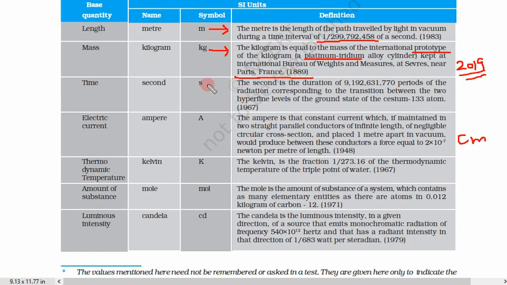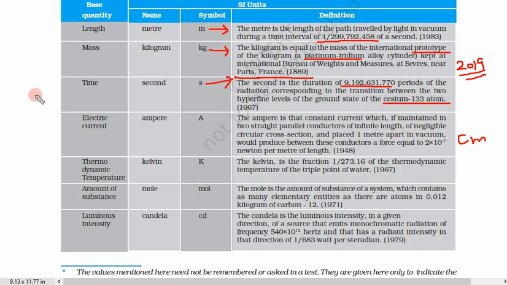Now second, what is second? The second is the duration of 9,192,631,770 periods of the radiation corresponding to transition between the two hyperfine levels of the ground state of cesium atom. What is this in common language?